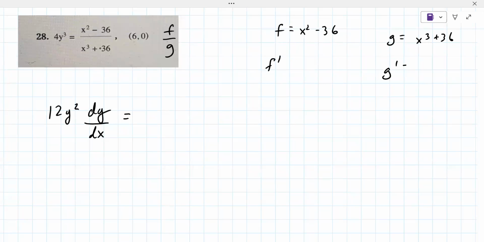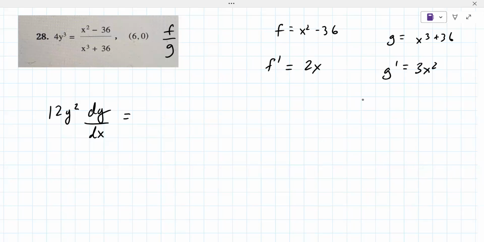Can you give me f prime and g prime, please? The derivative at the top, the derivative at the bottom. f prime is just 2x, and g prime is 3x squared.